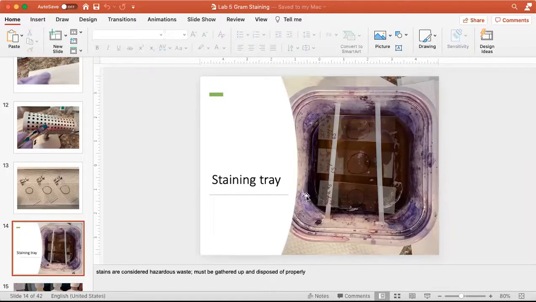So by working over this little plastic tray, I can gather all of the different stains I'm using, all the rinse water, all of the decolorizer. I can gather all of it into this container and I can then transfer it into the hazardous waste container. So I've laid 3 slides down over my staining tray and I'm ready to go.